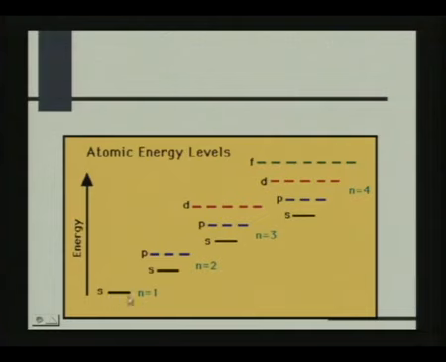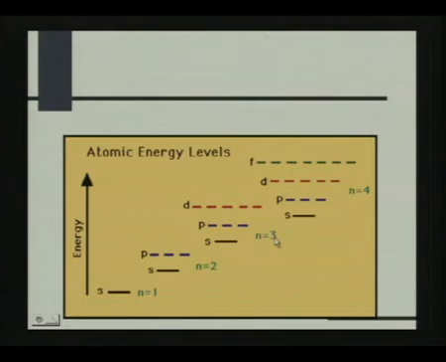So l will have the value of 0, and l equal to 0 denotes the s orbital, that is the spherical orbital. So for principal quantum number 1, there will be only 1 orbital, that is 1s. Now, for n equal to 2, 0 to n minus 1 will be the values of l, 0 and 2 minus 1, that is 1. Now, for p, there can be 3 different configurations, so 3 orbitals. We'll come to it later.